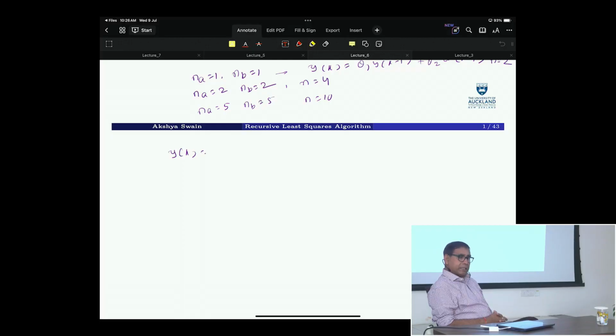Yesterday what you did: you had a system. You generated the data applying a pseudo-random binary sequence, collected the entire data and used it in the identification. PRBS sequence is given.